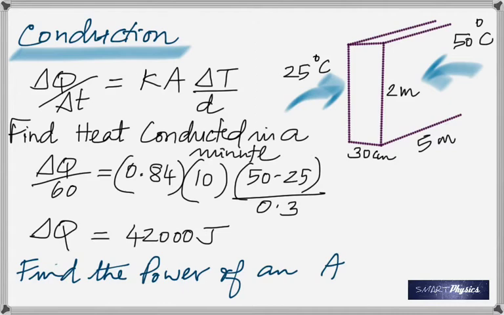That's in a minute, so divided by 60. Whatever heat is coming in 1 second must be removed by the AC. So that's 42,000 divided by 60, which is 700 joules per second. That's the minimum power of the AC, so 700 watts.